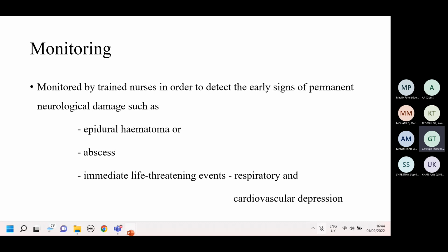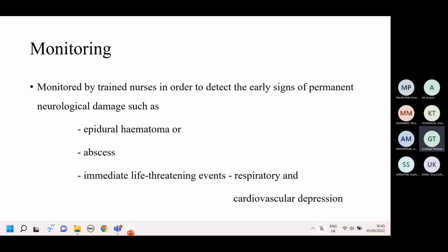As you all know, these patients with epidural should be monitored, usually in level 3 care in the ITU setup, by trained nurses, in order to detect the early signs of problems that are life-threatening or dangerous and should be addressed.